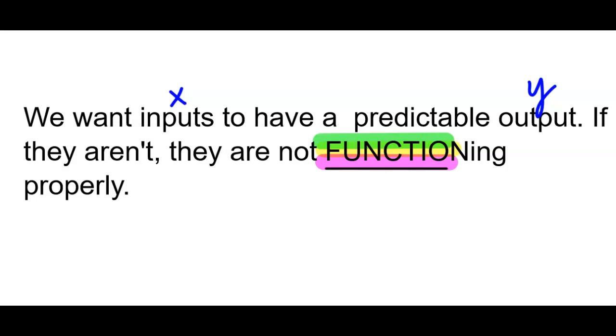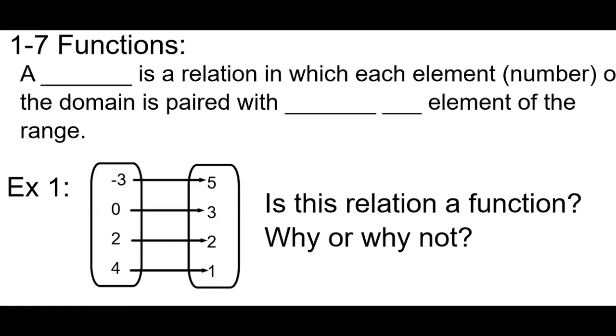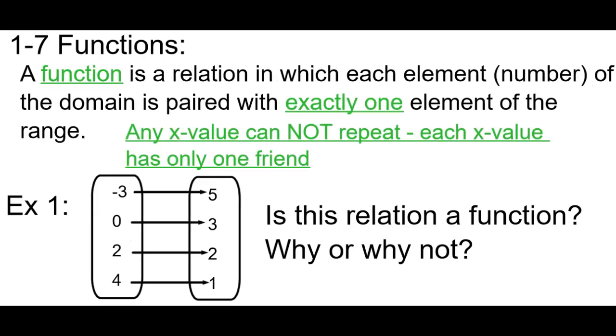All right, so what do we mean by this? So a function is a relation in which each element or number of the domain, that would be this column here, remember, is paired with exactly one element of the range. So if we're looking at a mapping, this domain has one arrow going out of it to one number over here.